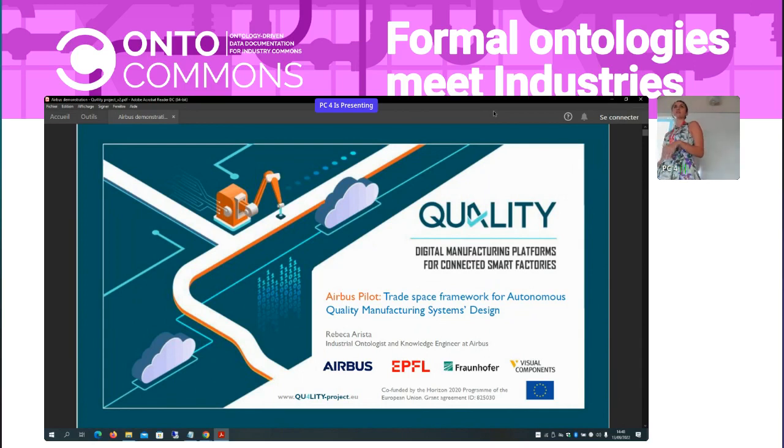Whatever you see here is extrapolated from the problems that we are dealing with inside the company. The aim of this project was to have a trade space framework for autonomous quality manufacturing system design: how to design our manufacturing systems considering autonomous quality from the very beginning.